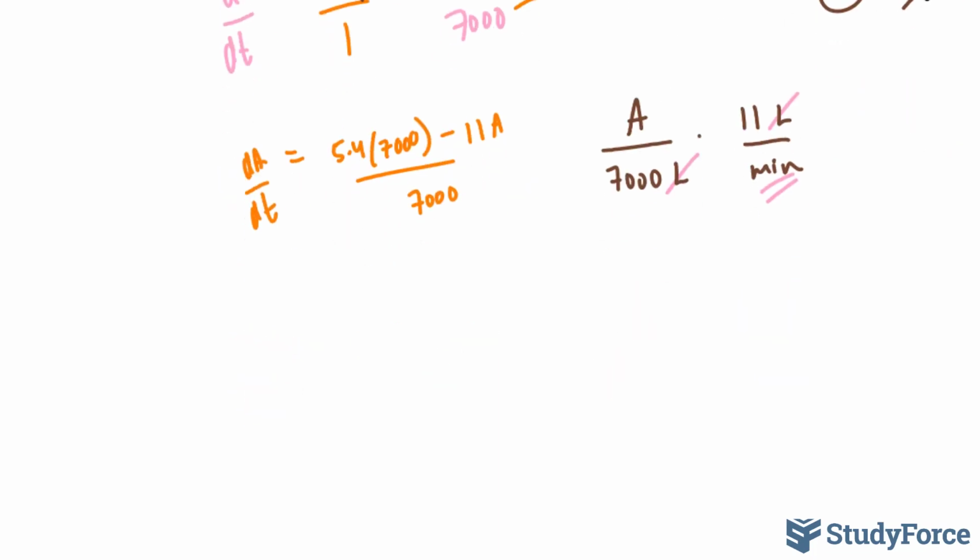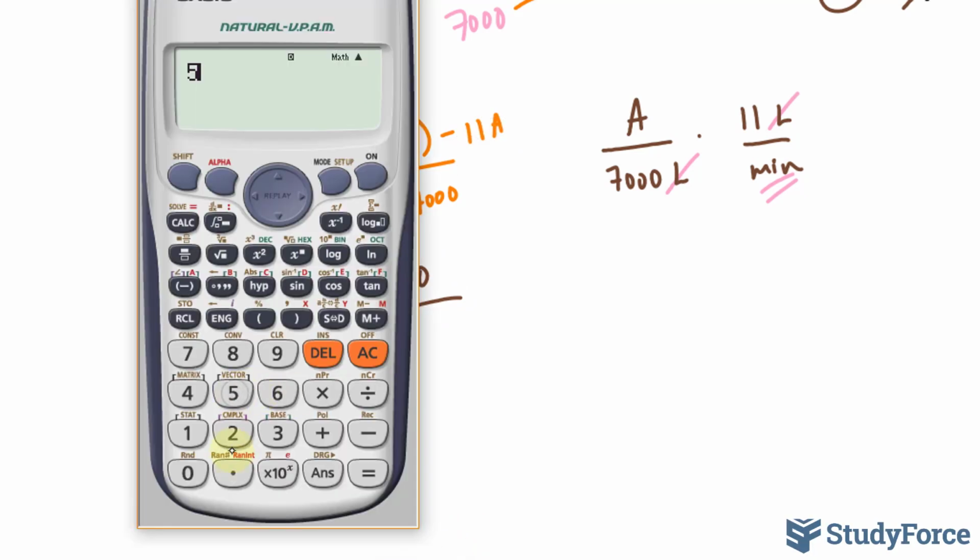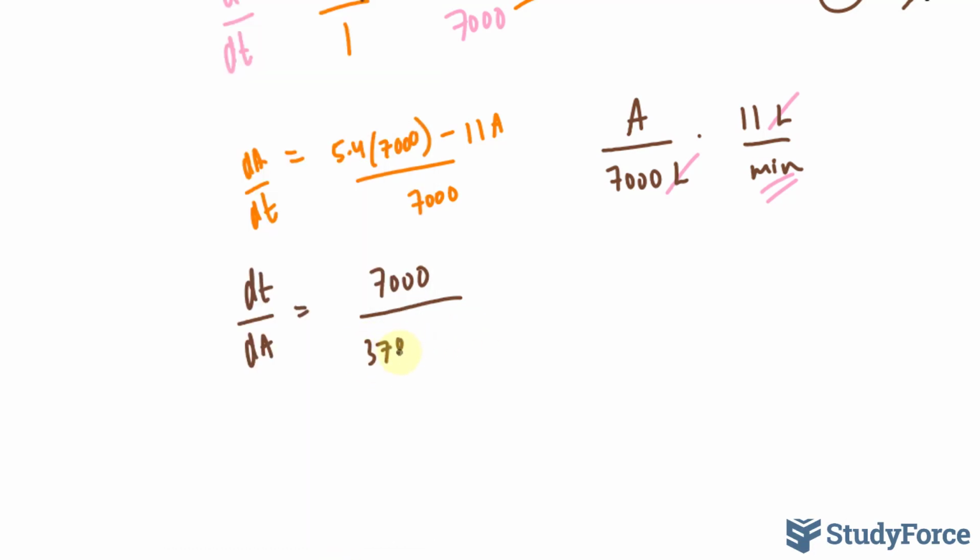What I can do next is reciprocate both sides. So I'll have dt at the top, dA at the bottom, and similarly 7,000 at the top, and this expression at the bottom. Multiplying 5.4 times 7,000 gives 37,800, so 37,800 minus 11A. If I multiply both sides by dA, it goes over here.